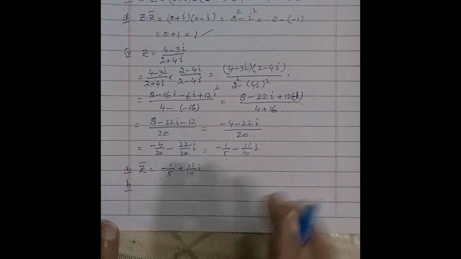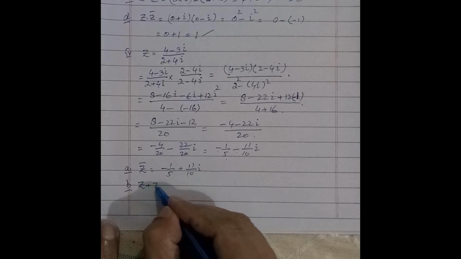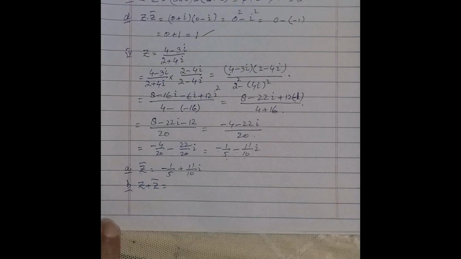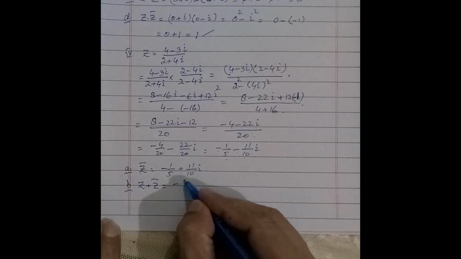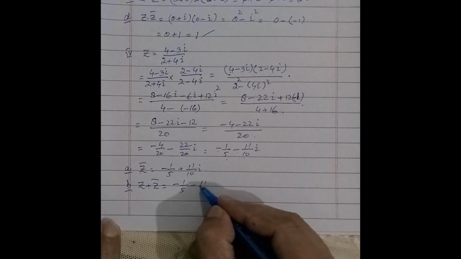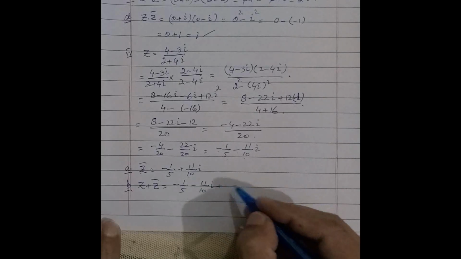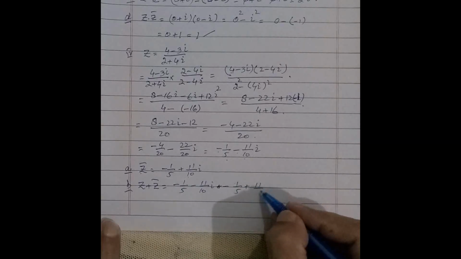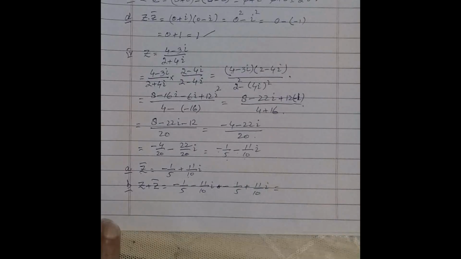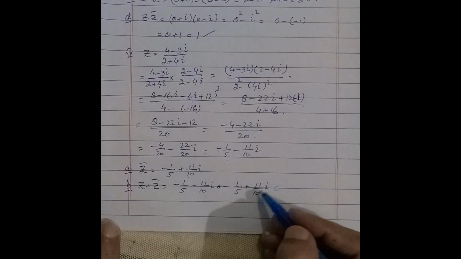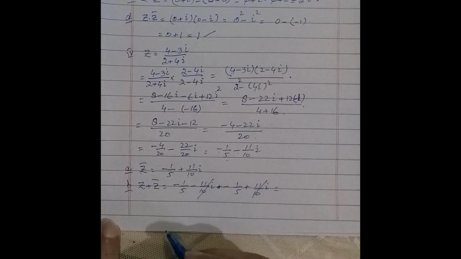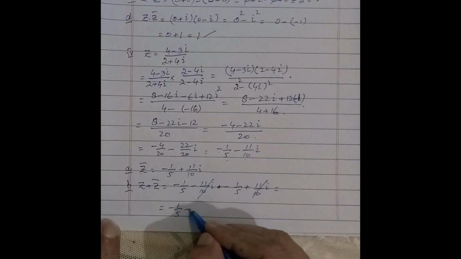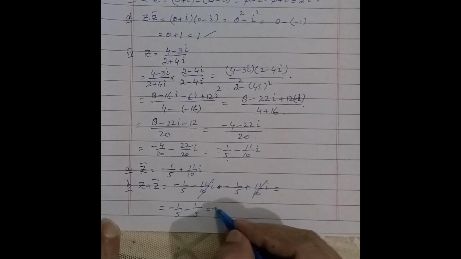And the B part is z plus z bar. So we add the complex number with its conjugate, which is minus 1 over 5 minus 11 over 10 iota plus minus 1 over 5 plus 11 over 10 iota. Simplify it: plus 11 over 10 iota cancels with minus 11 over 10 iota. The remaining values are minus 1 over 5 and minus 1 over 5, which is equal to minus 2 over 5.